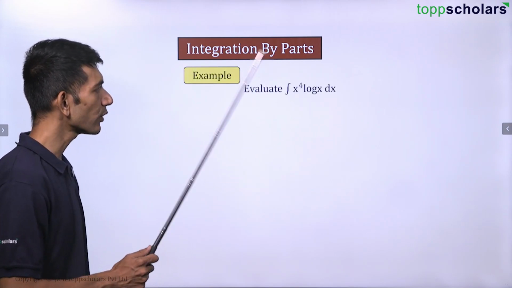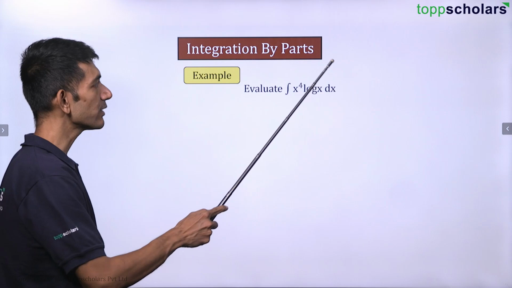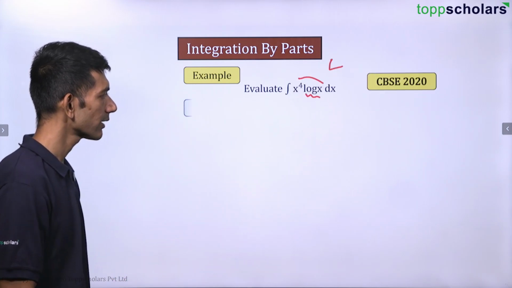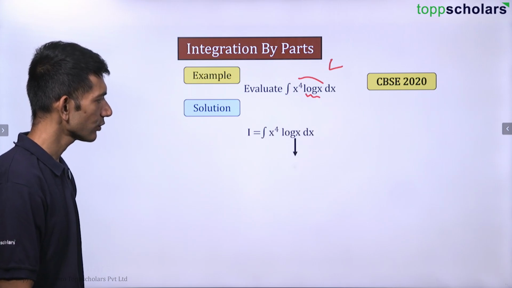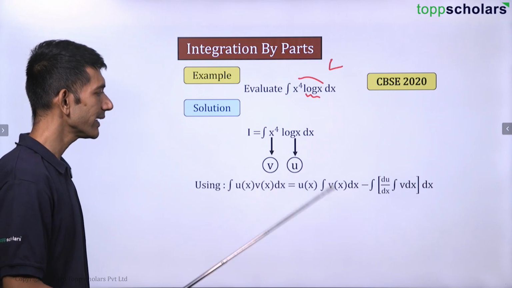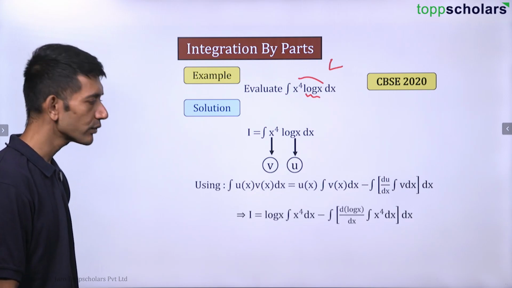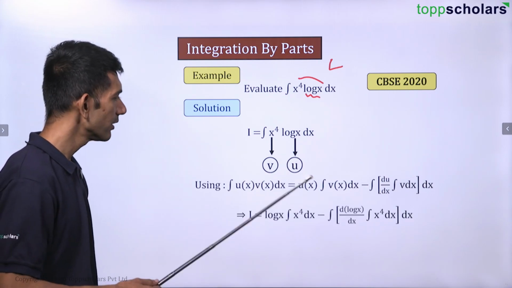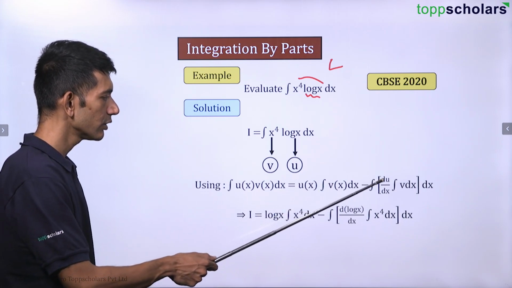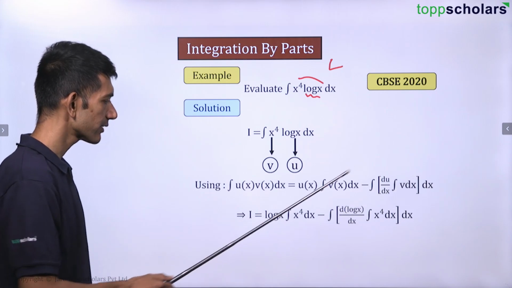We have x raised to 4 into log x dx. So LIATE rule, log always comes first, then polynomial, right? Okay, so this is u, and that is v, correct? So u integral v minus integral of derivative of u into integral of v dx. U is log x, v is x raised to 4.